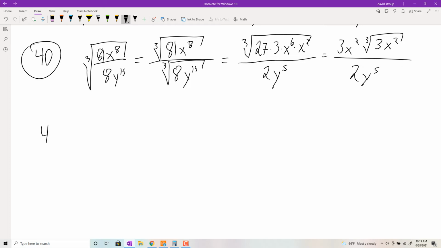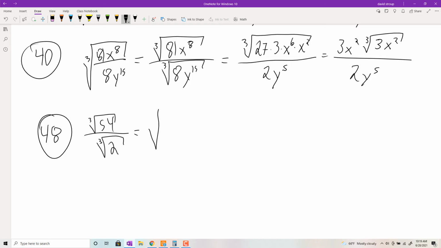So 48's a little weird because you have to use the rule in the reverse direction. So I have the cube root of 54 all over the cube root of 2. Okay. I mean, you could start simplifying here, but generally you don't want to have radicals in the denominator. So if we just simplify here, you're probably not going to get a nice, well, maybe you would, I don't know.